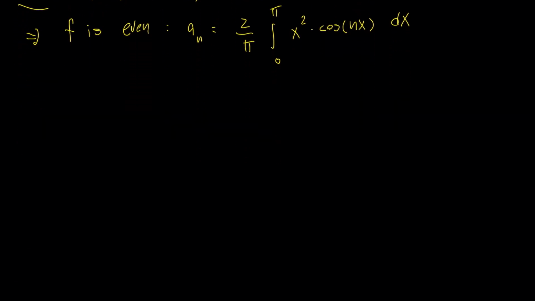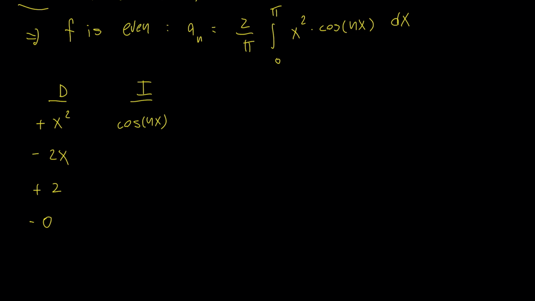And to calculate this, we'll use integration by parts, but we'll use the tabular method. So here is d and here's I, where d is for differentiation and I is for integration. And we're going to be differentiating x squared and integrating cosine of nx. So taking the derivative, we have minus 2x and then plus 2 and 0, because you have to alternate the signs.